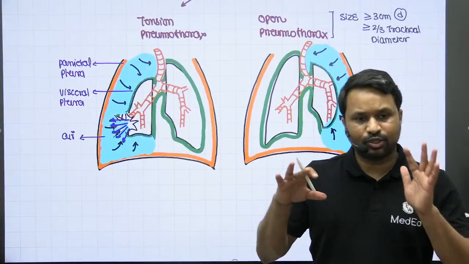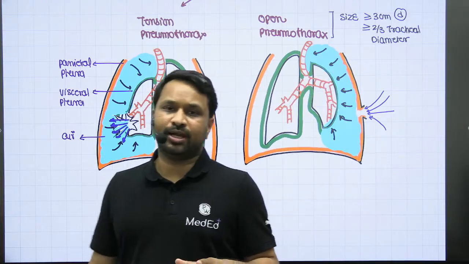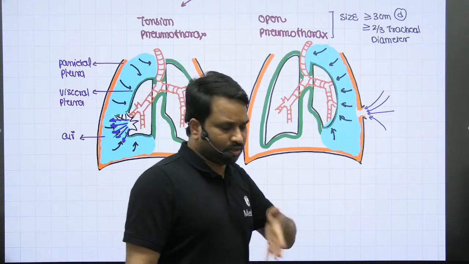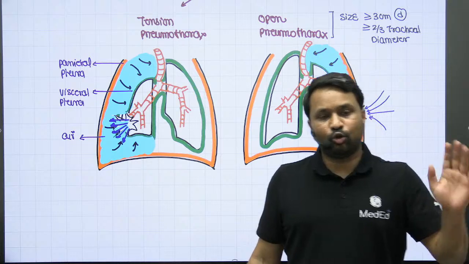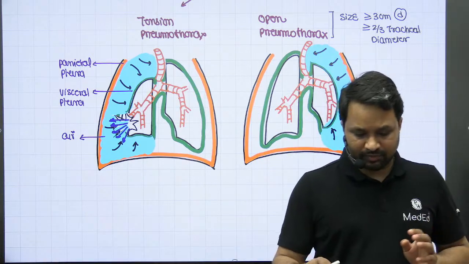Clear? So the basic concept is, in a tension pneumothorax, the air leaks within the thoracic space or thoracic cavity. In an open pneumothorax, the air is drawn from an external environment, right?